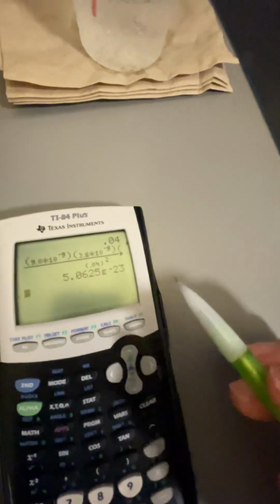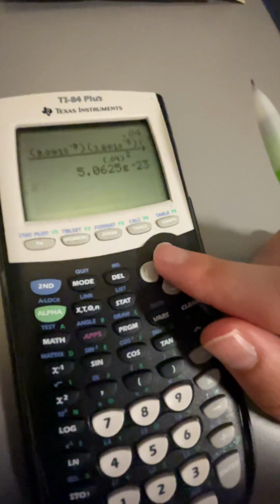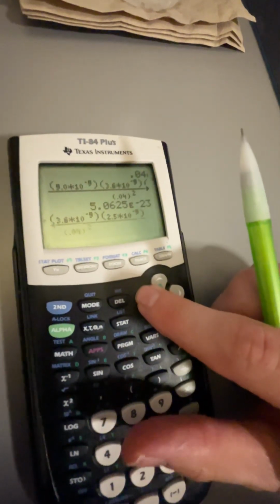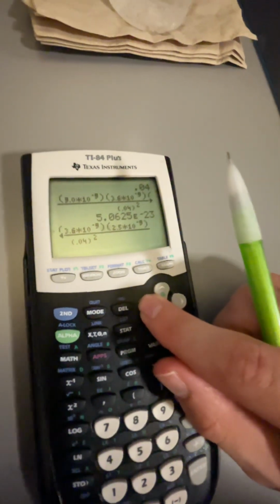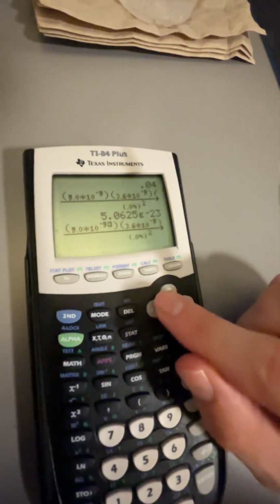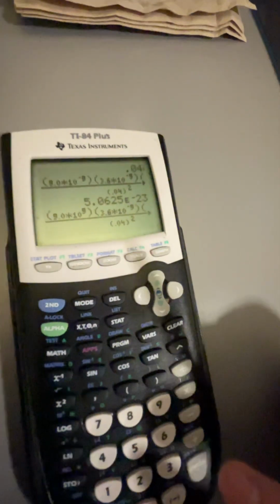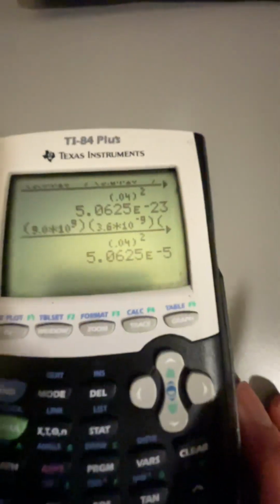Then we get, oh, that's not right. I put the K as 10 to the negative 9 power, but it's supposed to be positive 9. There we go. 5.0625 times 10 to the negative 5th. I'll round that to 3 significant figures, so 5.06 times 10 to the negative 5th, and again, that's in newtons, so it's force.